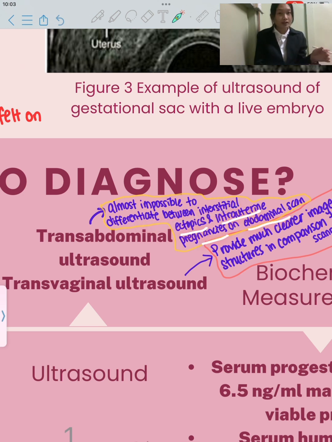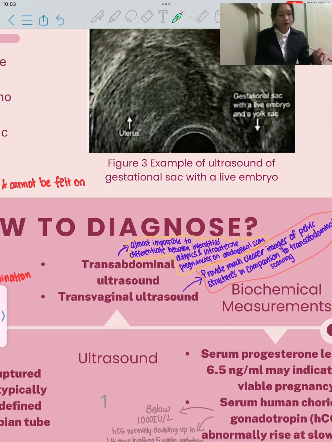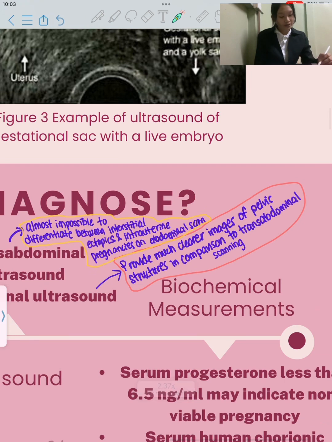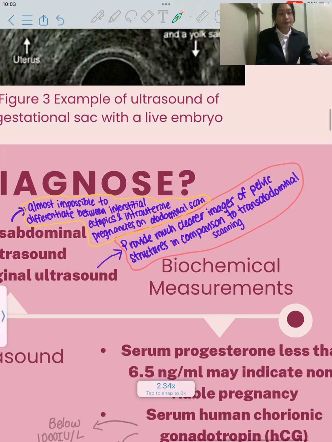So that's why transvaginal ultrasound is more preferable, because it provides a much clearer image of pelvic structures in comparison to transabdominal scanning.